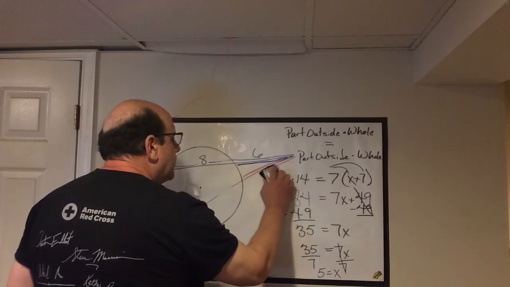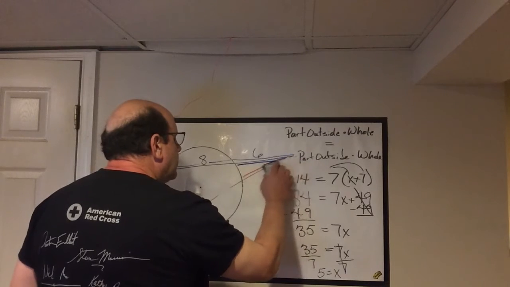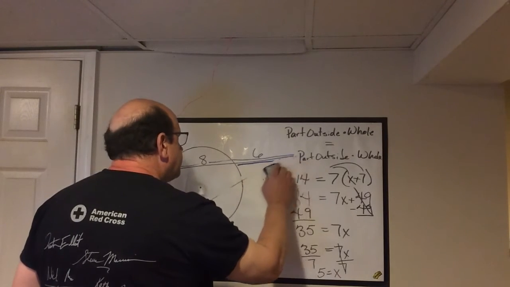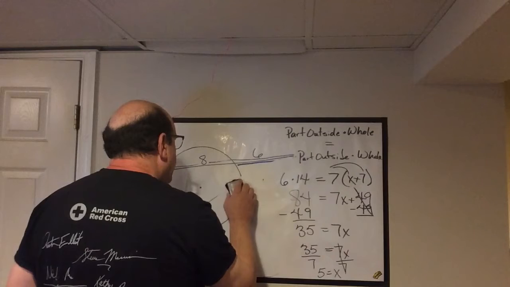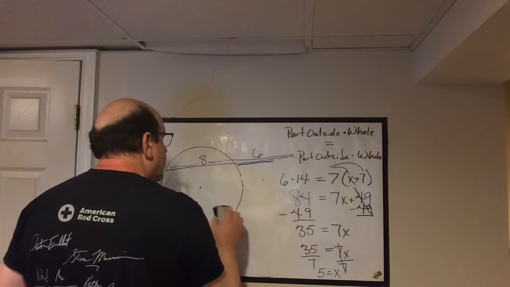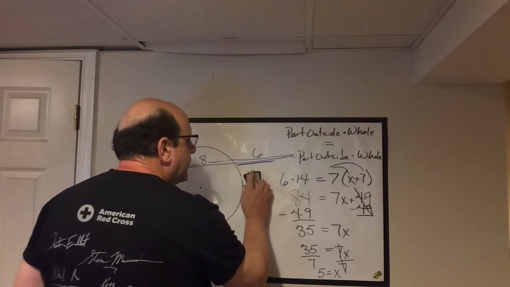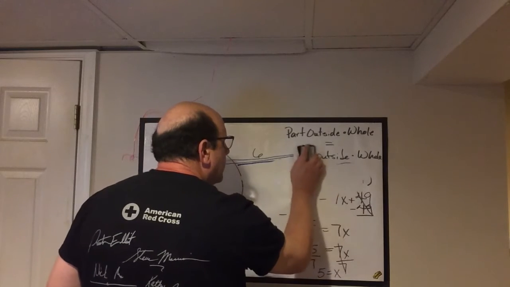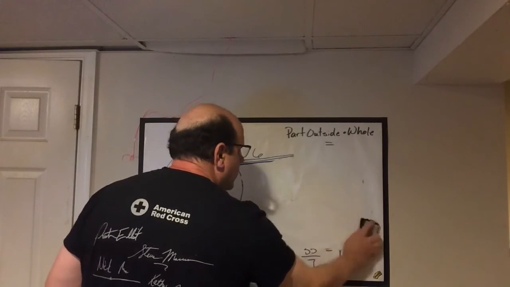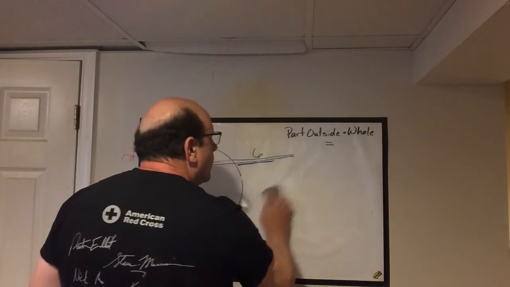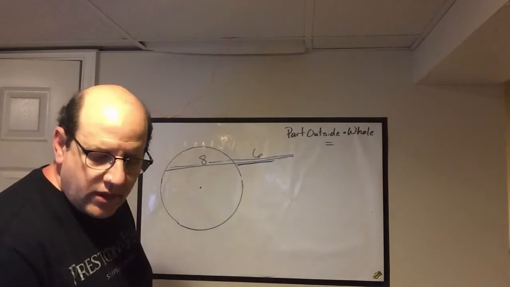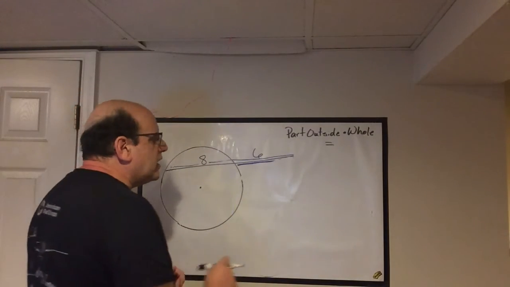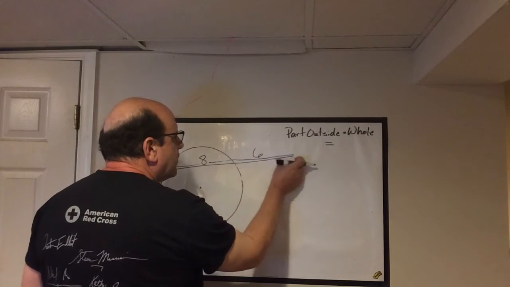So I'm going to erase this. I'm going to leave this segment up here alone. And it's not going to work out perfectly. All right, so the first part says, like always, if you have a secant, that's great.